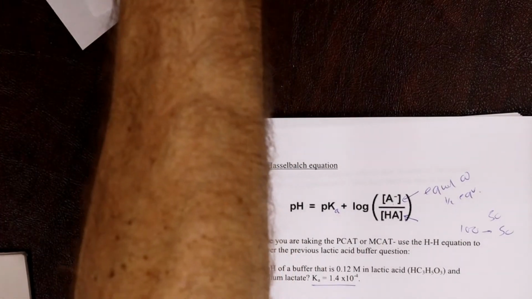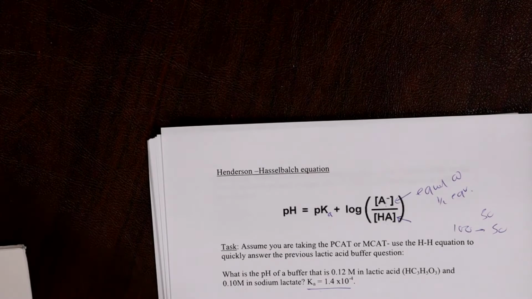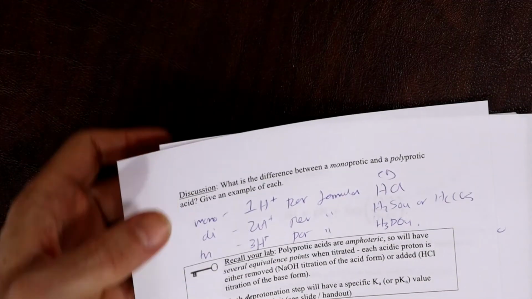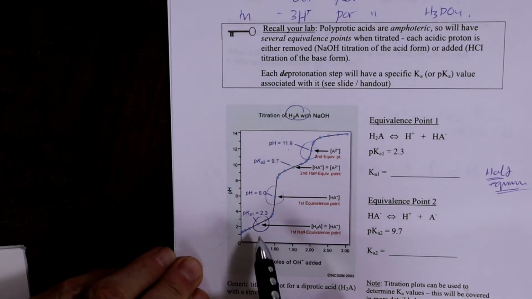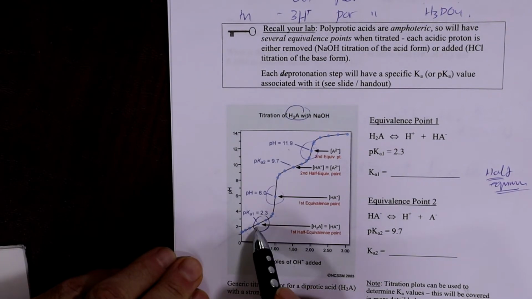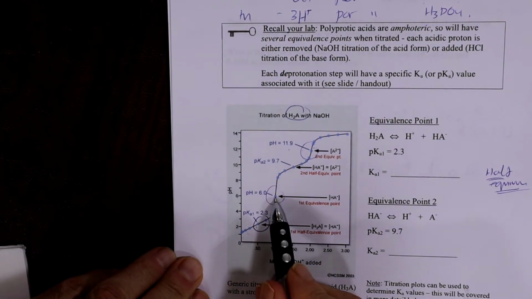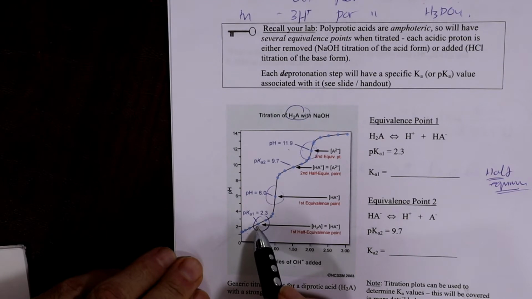Now, real quick, I've got a couple of minutes left before the buzzer goes off. Back to that page here. If we look, halfway along, I've used up halfway towards the equivalence point. Halfway is here, so that's half equivalence.